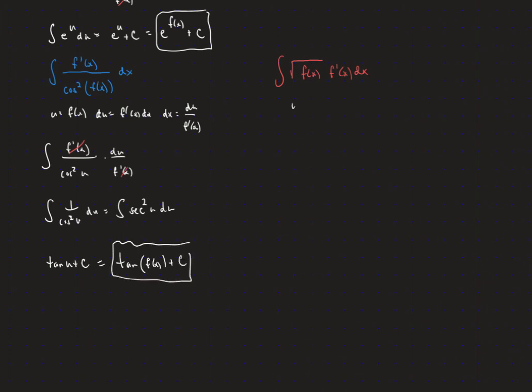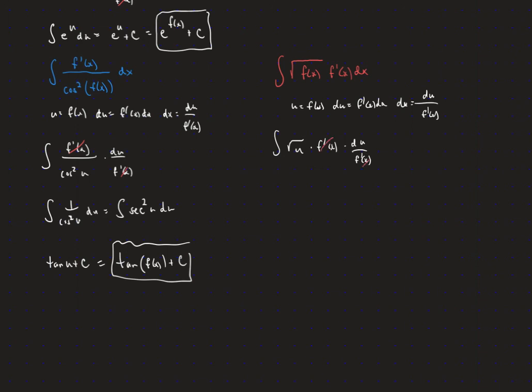And one last one, u is again the inside function. Du is its derivative, making dx du over f prime of x. Our integral becomes the square root of u. The dx gets replaced by du over f prime of x.